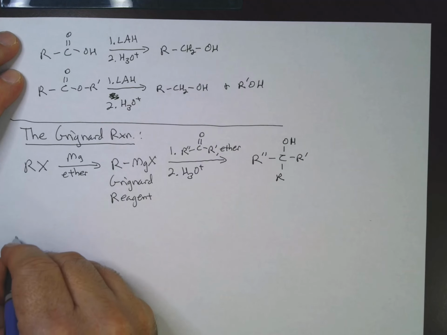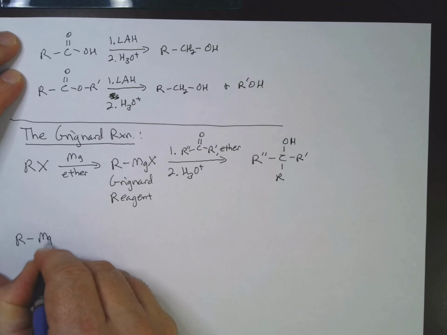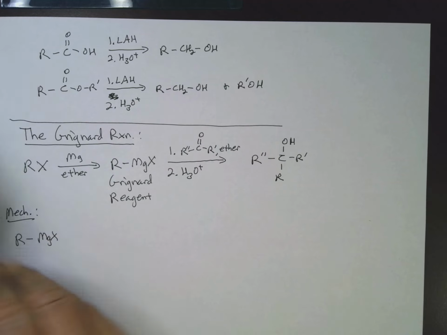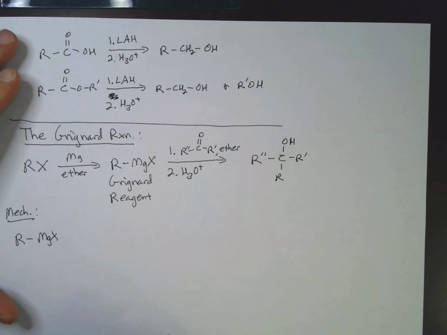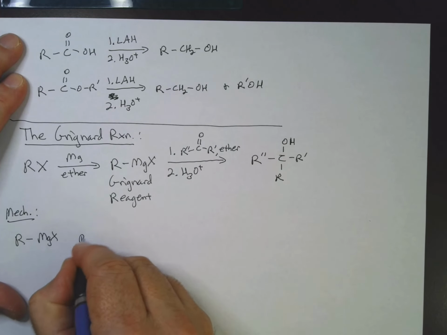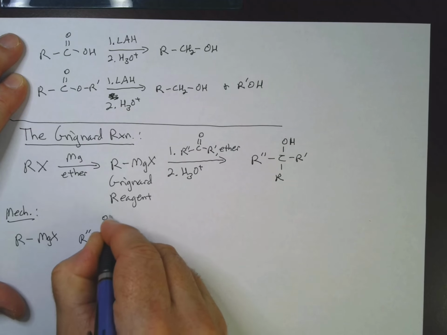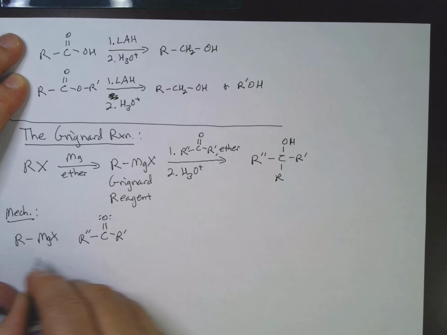And the way this works is as follows. For our mechanism, start with RMgX, and then we'll have R double prime C double bond O, R prime, with a lone pair.